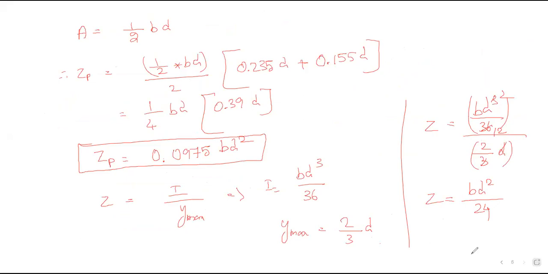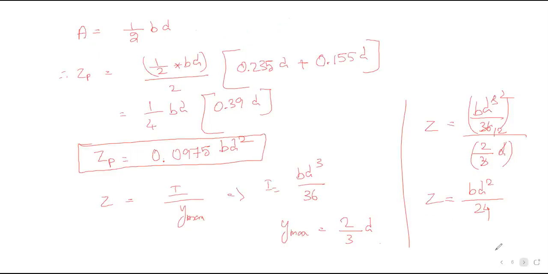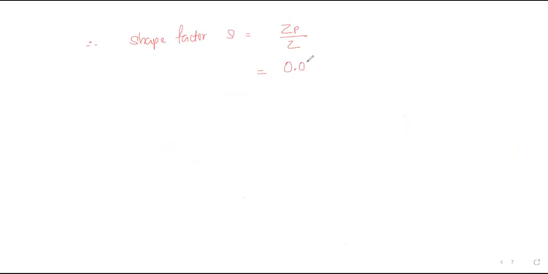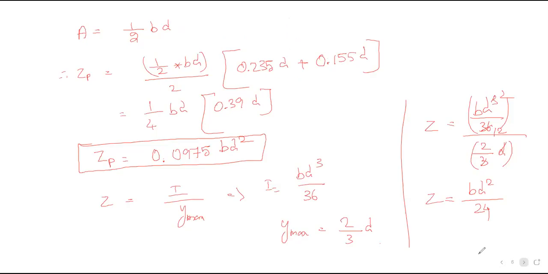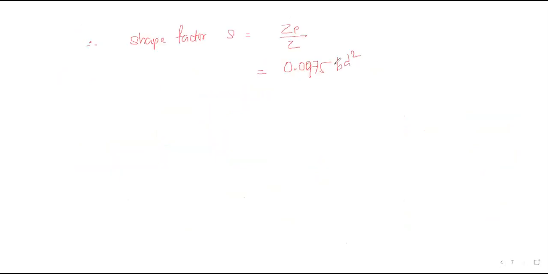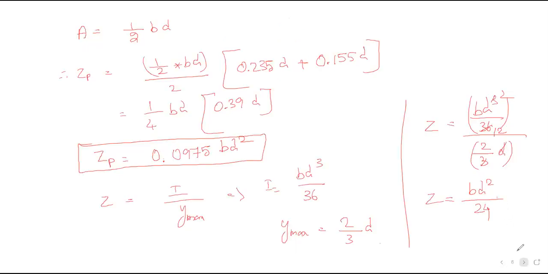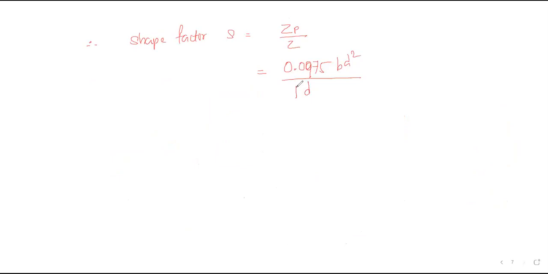Okay. Therefore shape factor S is equal to ZP by Z, whereas ZP is 0.0975 BD squared, and Z is equal to BD squared divided by 24.